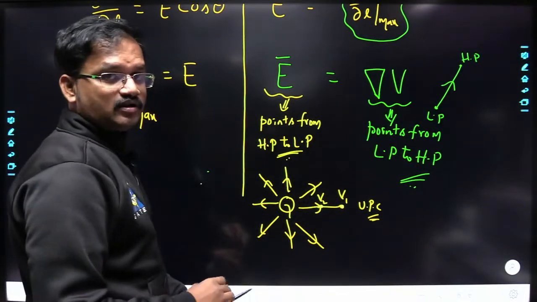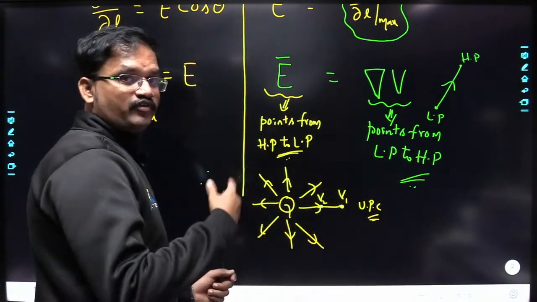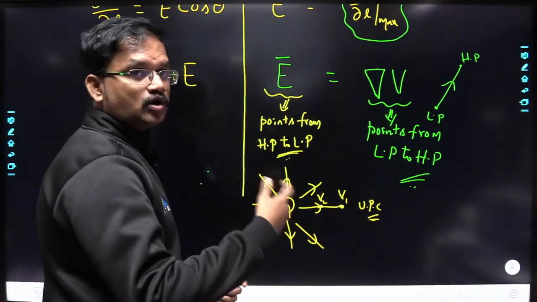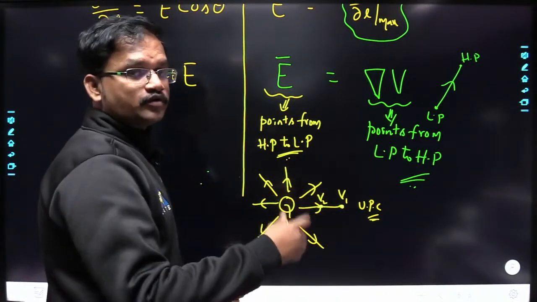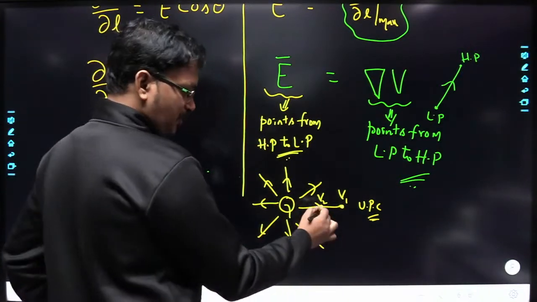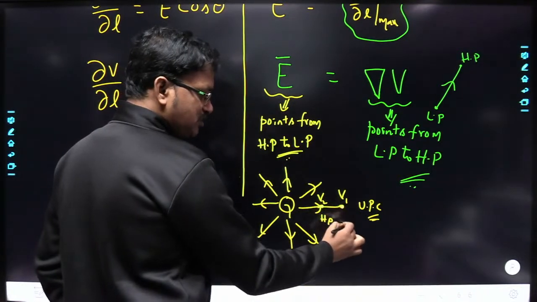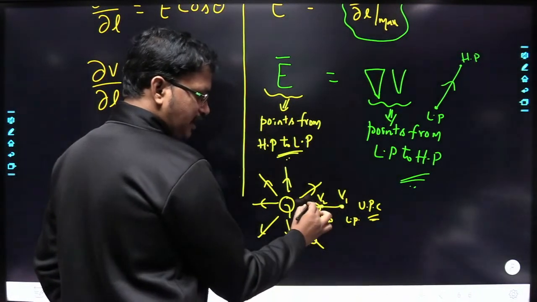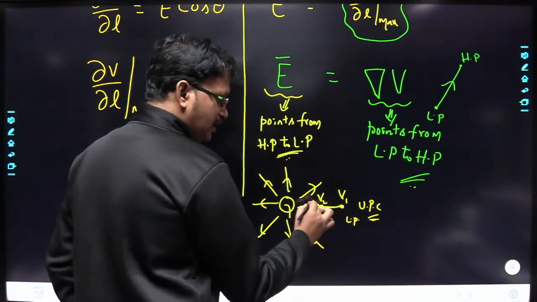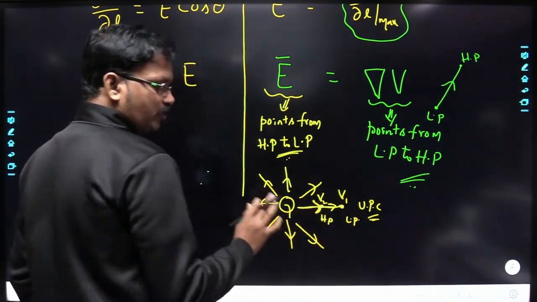V2 will be greater than V1, because as you move closer to the charge, the field strength is more. That means you have to do more and more work, so you gain more potential. So the potential here is higher and the potential at this point is lower, and the electric field is pointing in this direction. That means it is pointing from higher to lower potential.